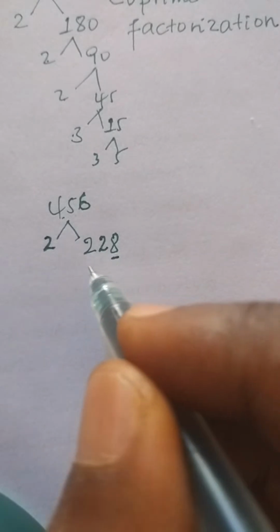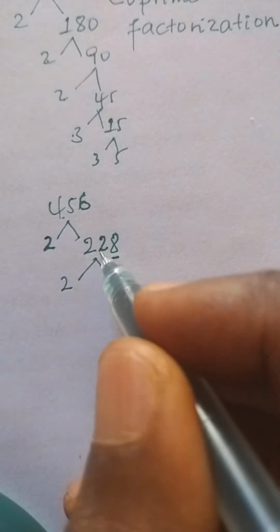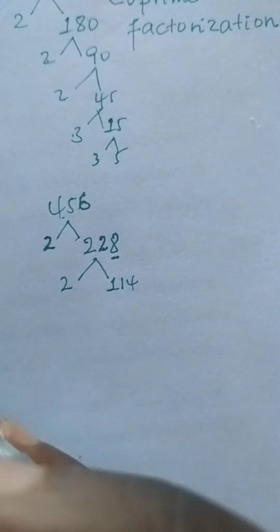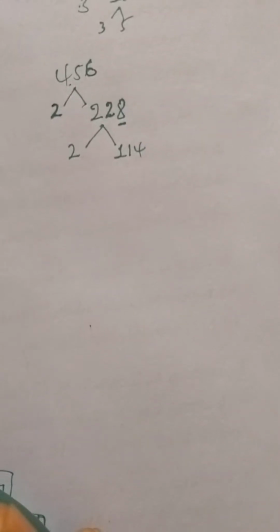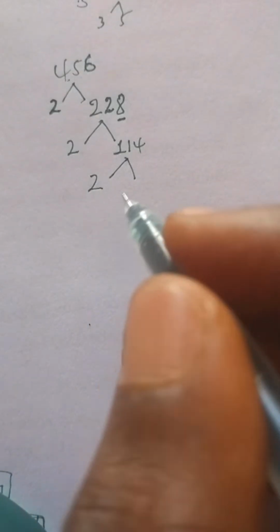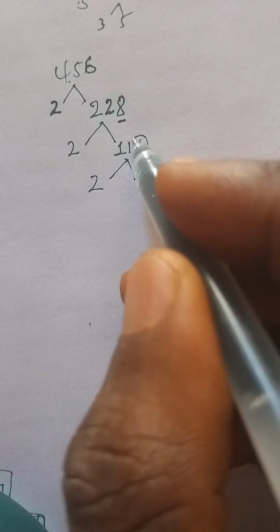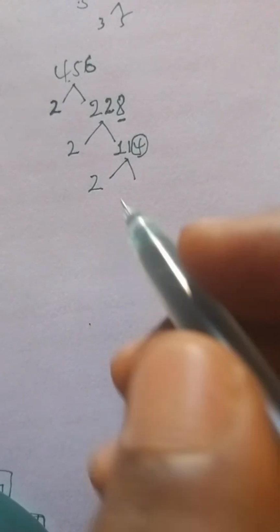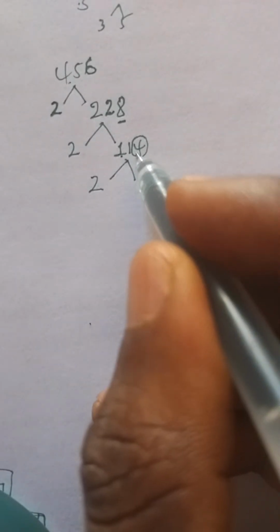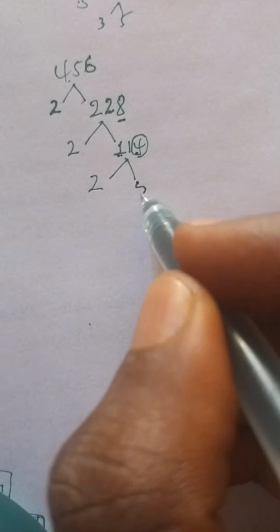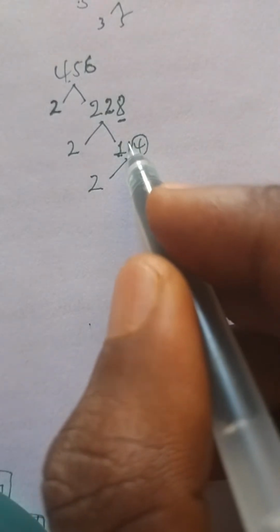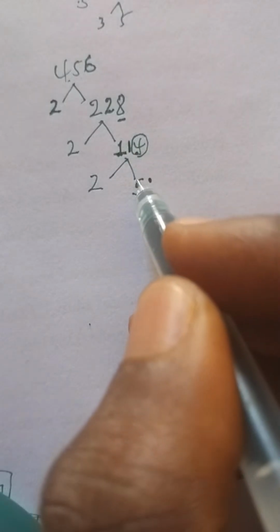Yes. Why? This number is an even number. Divided by 2, 114. Is 114 divisible by 2? Yes, because the last digit 4 is even. Divided by 2, 57.